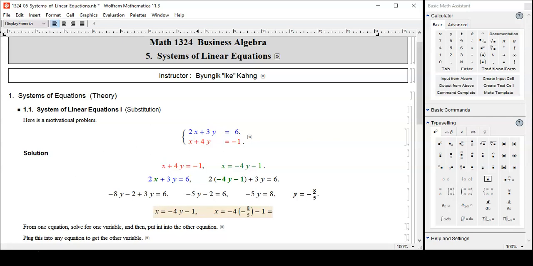Negative, negative, positive, 4 times 8, 32 over 5 minus 1, and 1 is 5 over 5, so what do we have? 32 minus 5, 27 over 5. That's it. There goes the full solution.